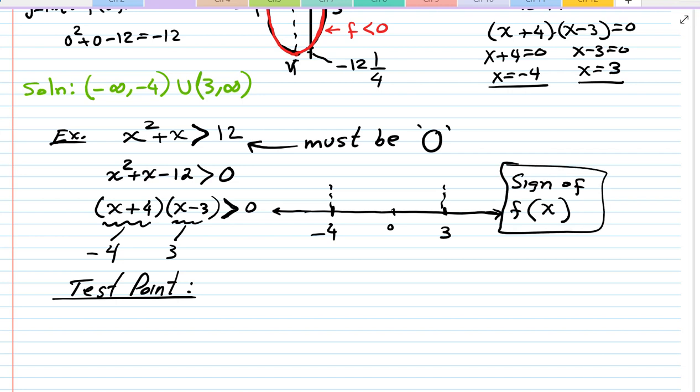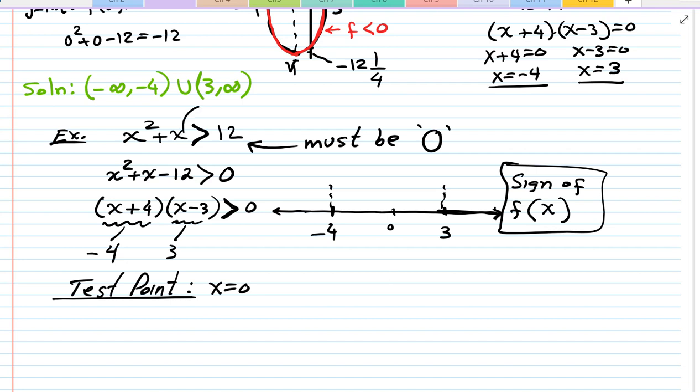That's what we're looking at. Now, I'm going to choose 0. Let x be 0. And you want to pick easy points. 0 is usually easy. The only thing about a test point is it cannot be negative 4 and cannot be 3, because if you use those, it's not going to help us decide on the signs of the function.